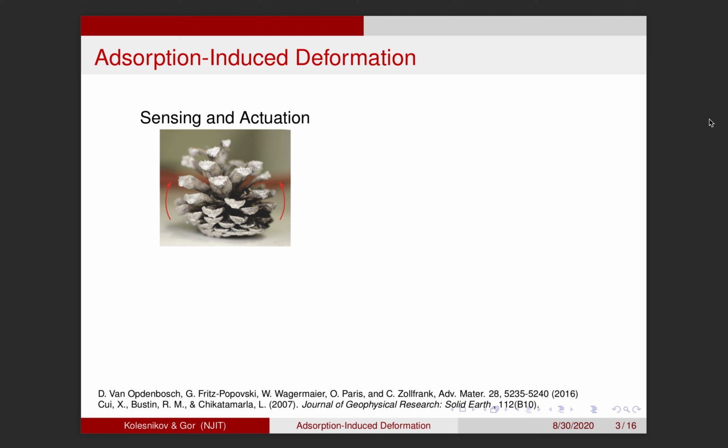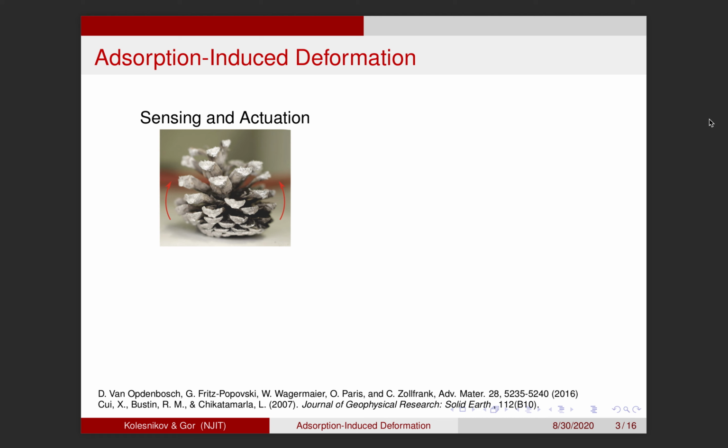An example which I typically bring when talking about adsorption-induced deformation is a pine cone, like you see here in this picture. When it's dry, the pine cone opens. When it's humid, the pine cone closes. This change in shape takes place because of adsorption of water vapor in the porous structure of the pine cone.